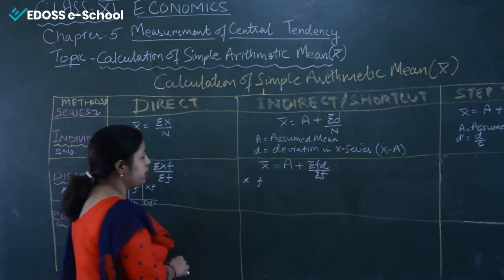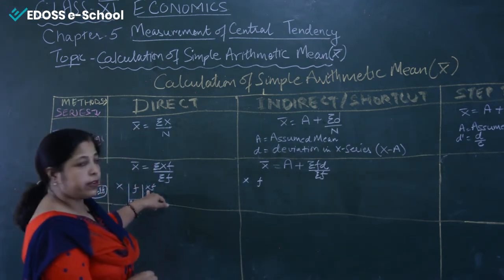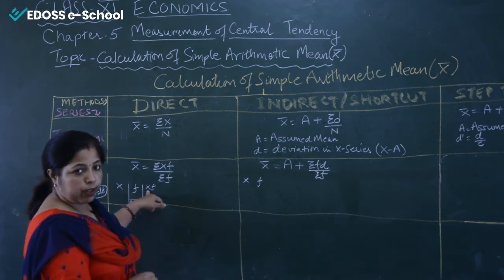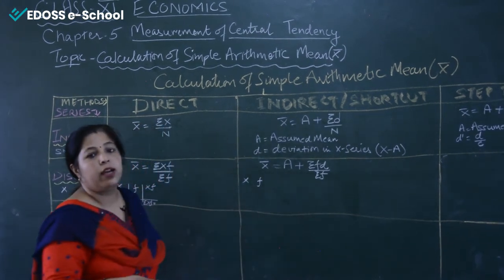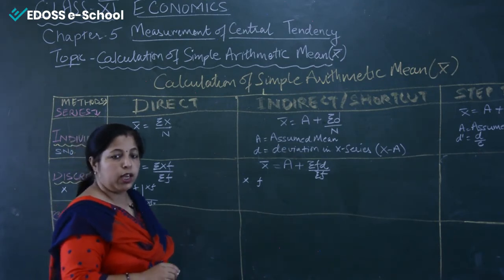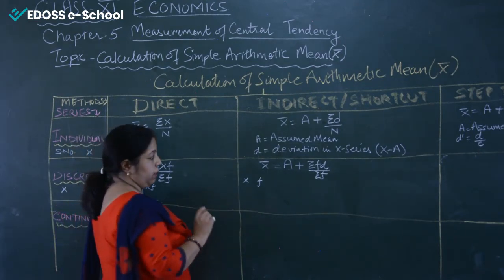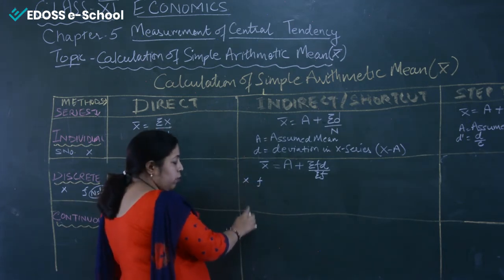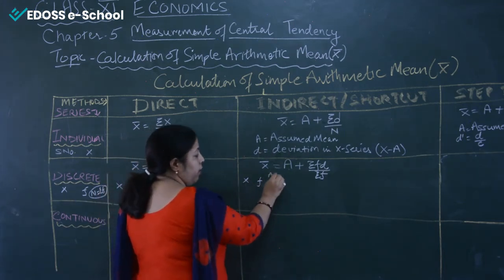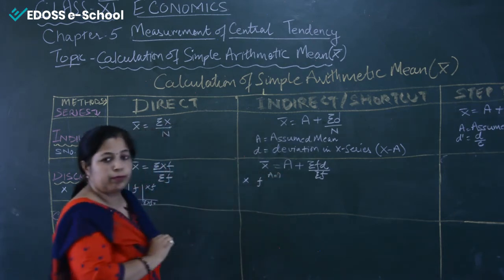So what is the next step? We don't want XF, so we will not do XF here. First of all we want A. A is the assumed mean. So we will assume a number from X. The number is always assumed from X. So we will assume A. Clear?